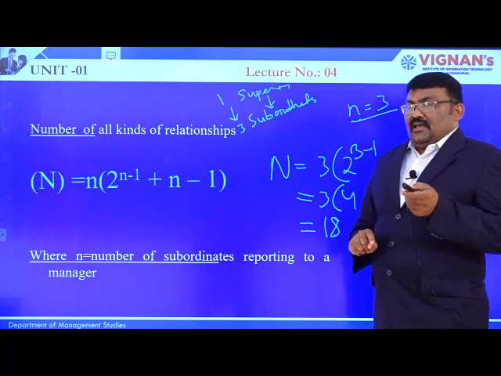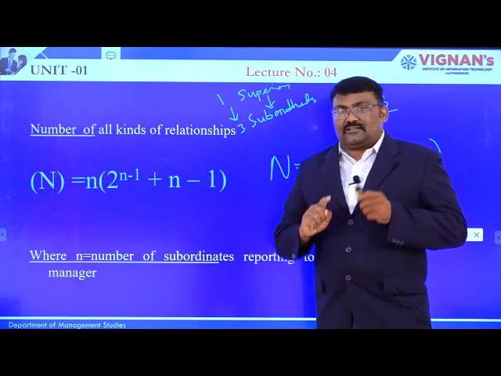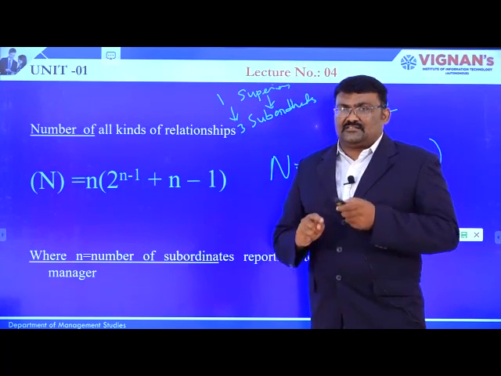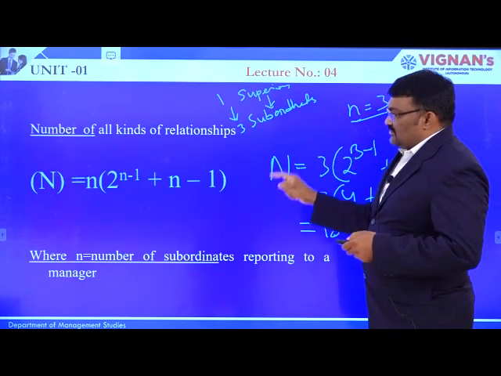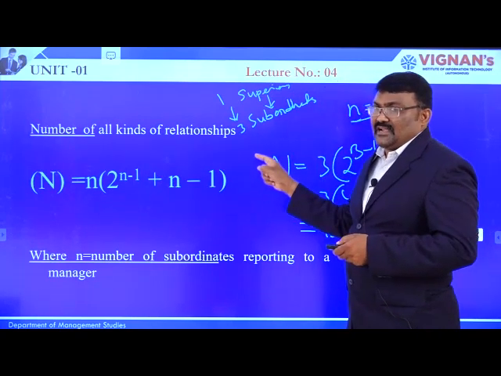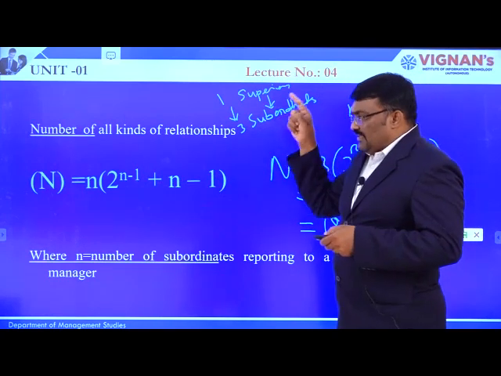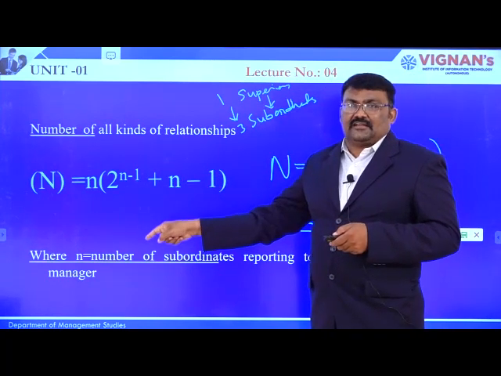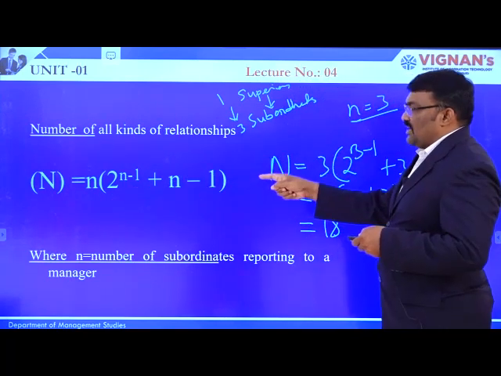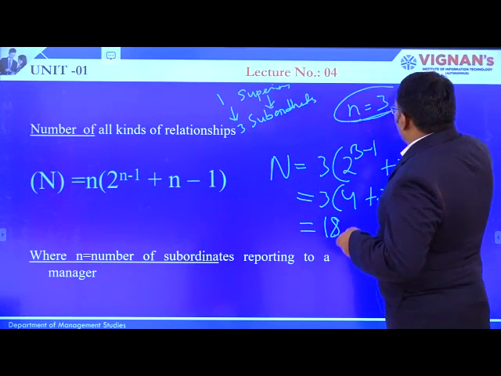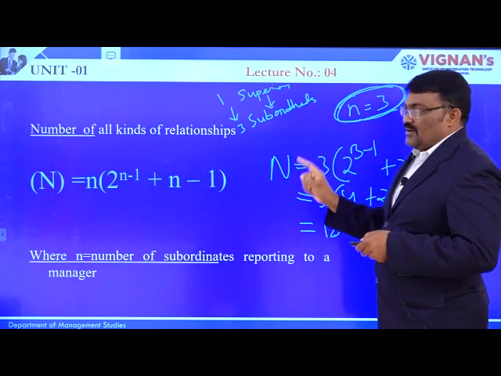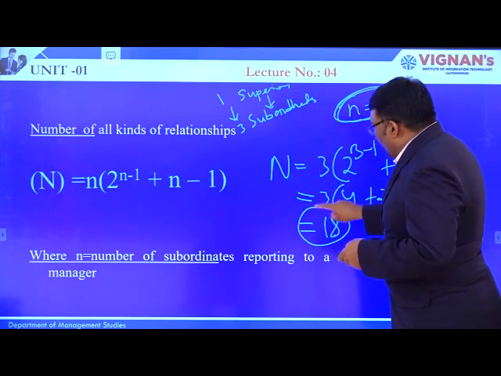That means if a superior has 3 subordinates, in such a small organization the number of all kinds of relationships, the cross relationships and the direct relationships put together, which is the capital N, is 18 in number.